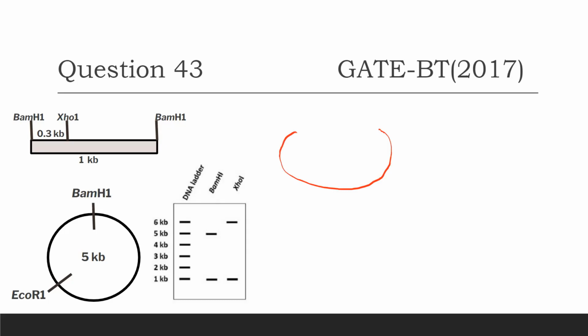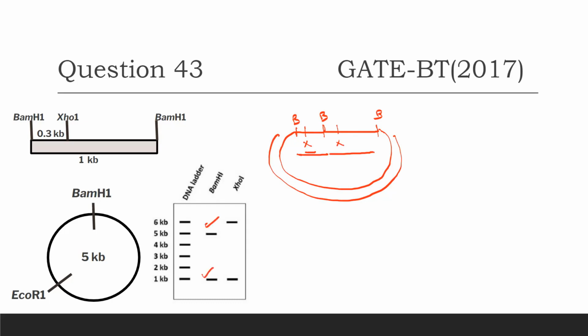If the insert was added in tandem, there will be one EcoRI site here, one EcoRI site here, a BamHI site, and a BamHI site. If you cut with BamHI, you will get a 5 kb fragment and two 1 kb fragments, which will appear as the same band. So this can also be the case.